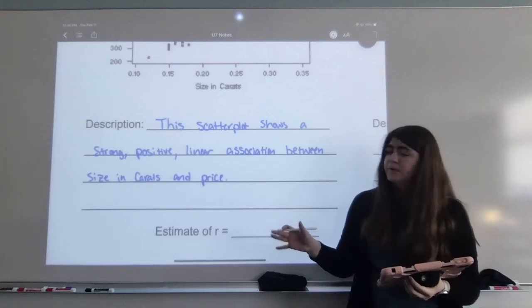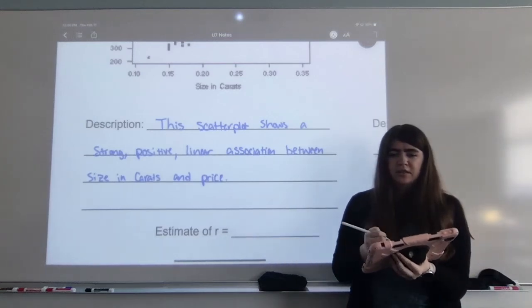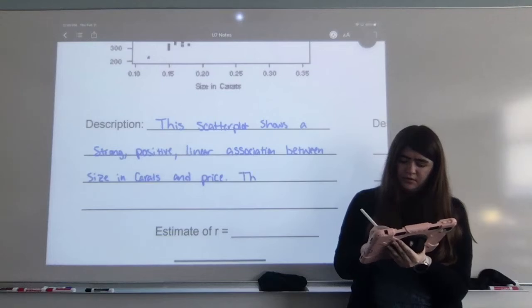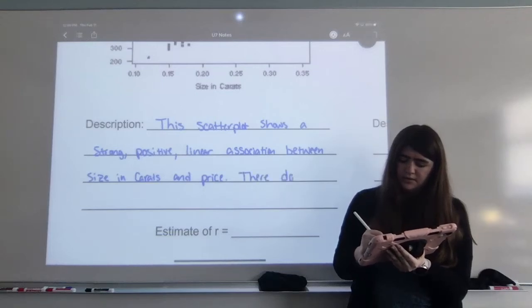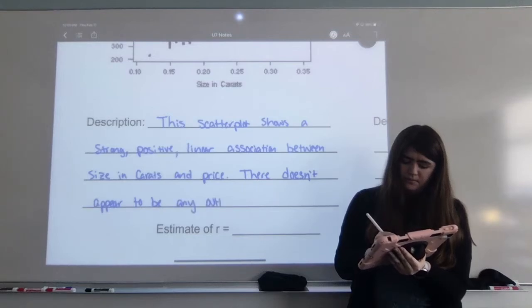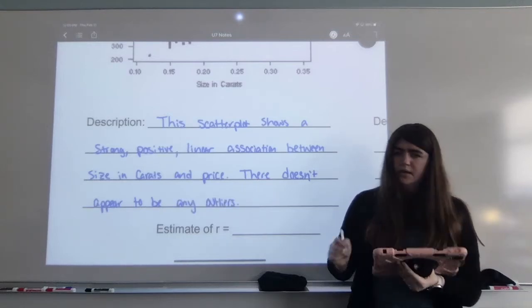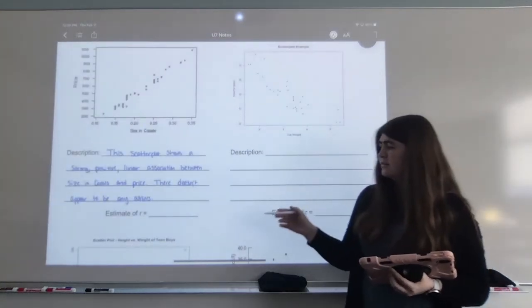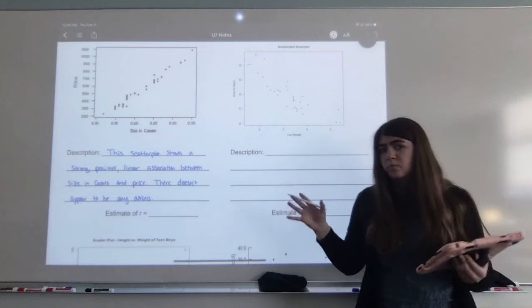There's one more piece, we need the outliers, and I'm just going to say that there does not appear to be any outliers. And now for my estimate of R, as I'm looking at that, it's positive, so I need something between 0 and 1.